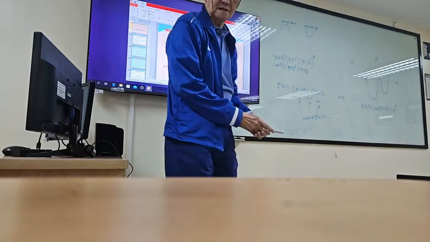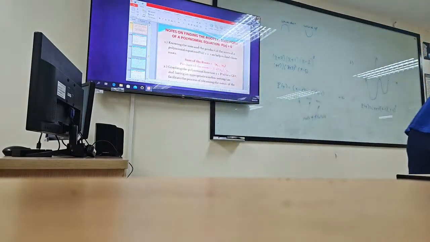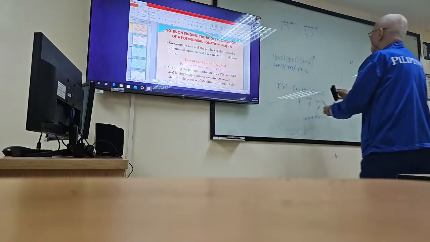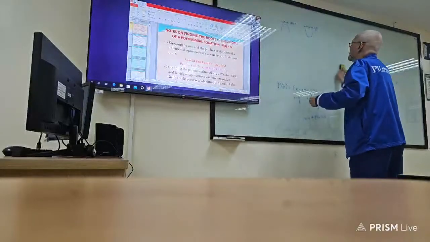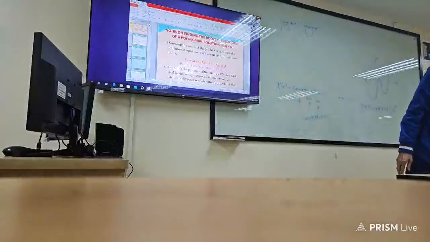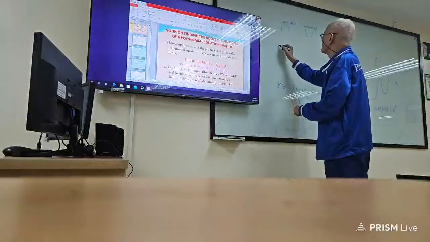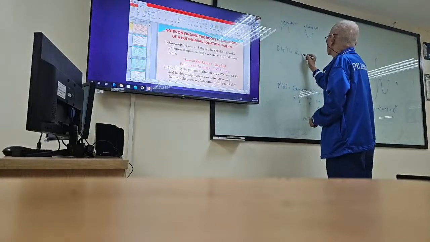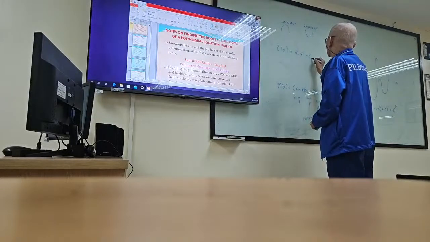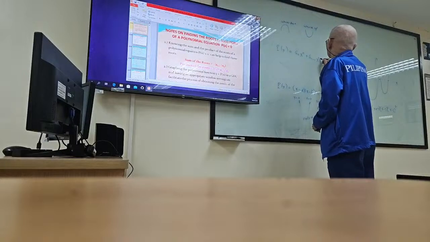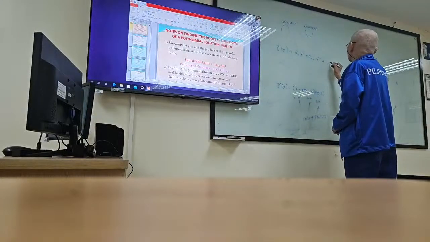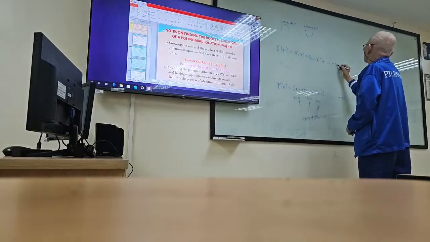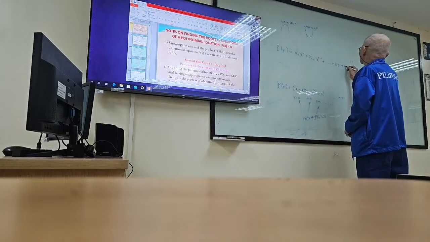Now what are these a_n and a_(n-1)? Try to recall the expression for a polynomial. What is the form of a polynomial? Again, you have a_n x^n plus a_(n-1) x^(n-1) plus, and so on and so forth, plus a_1 x plus a_0.